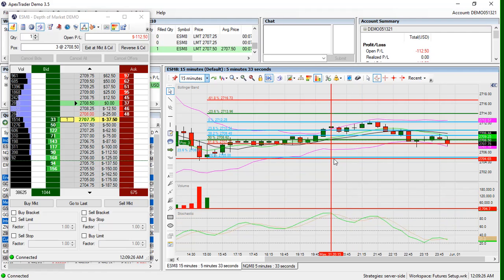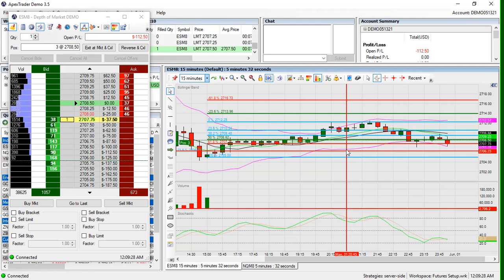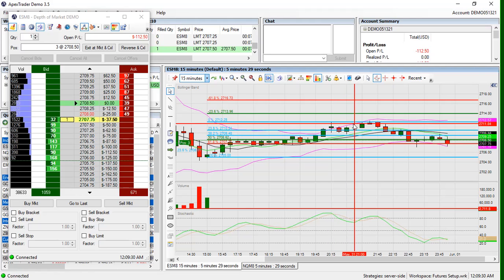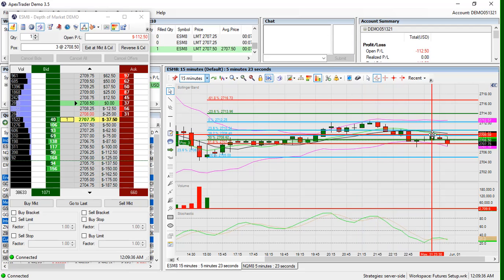I use Fibonacci levels. And inside here I use the Bollinger Band, which I have a 10 trade EMA set up with a simple moving average along with my midline, which is your 20 simple moving average.